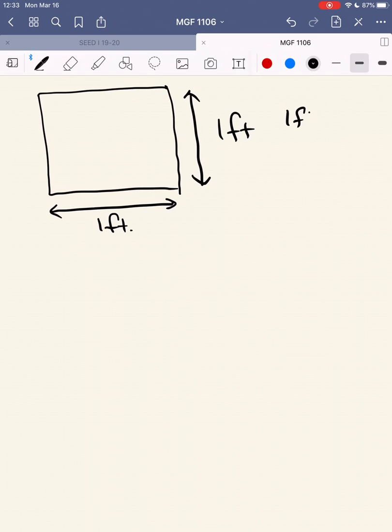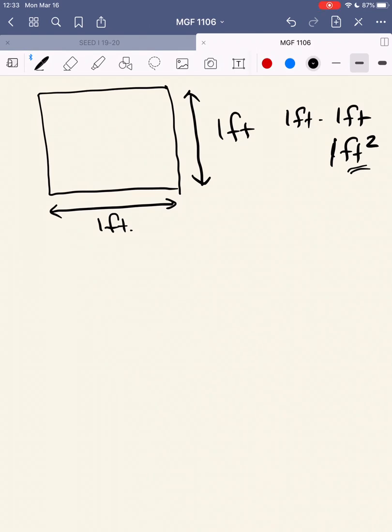So 1 foot times 1 foot gives me 1 foot squared, and that squared represents square units. It's just because unit times unit is unit squared. So area is always done in square units.